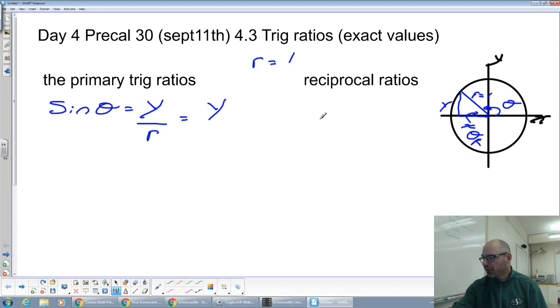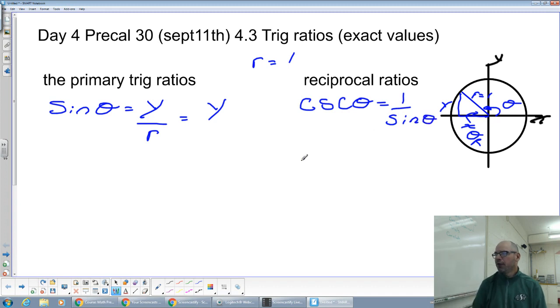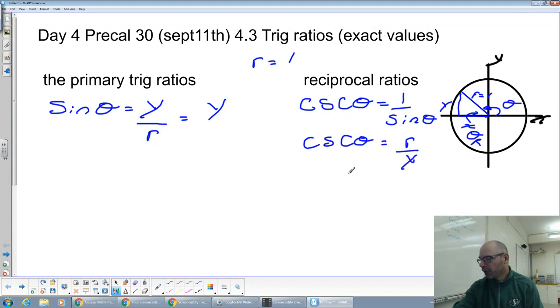Okay, and then the reciprocal of sine is cosecant. Cosecant theta equals 1 over sine theta. Okay, so 1 over sine theta, of course, that would be this reversed. So cosecant theta is equal to r over y. Or if you like, 1 over y in a unit circle.